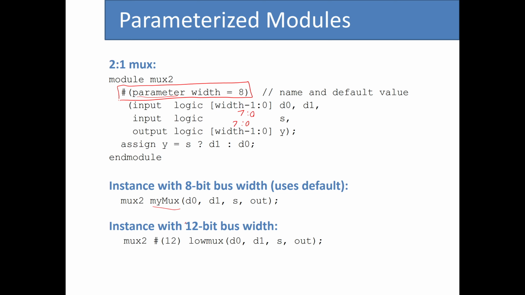However, if you want to call this module with a different width, you can specify the width by hashtag in parentheses 12. So when you do that, it creates an instance of this multiplexer, but now with the width parameter being 12. So this is an example of creating parameterized modules.